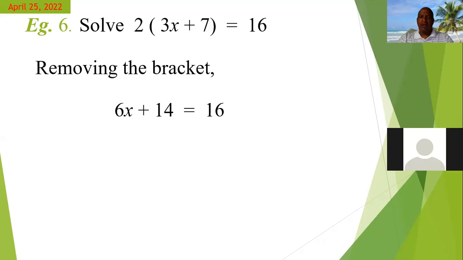And then now we bring the 14 to the right-hand side. And so we'll get 6x equal to 16 minus 14. When we subtract 14 from 16, we get 2, and then we divide both sides by 6. So x would be equal to 2 over 6. And if we simplify that into a simpler fraction, we get 1/3.